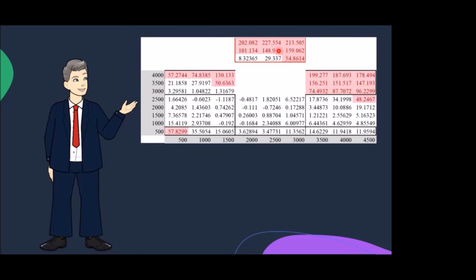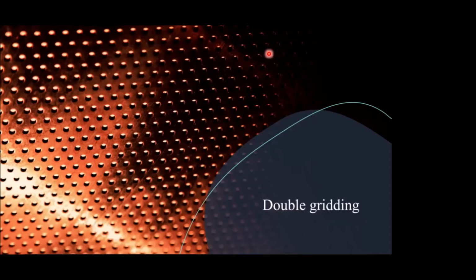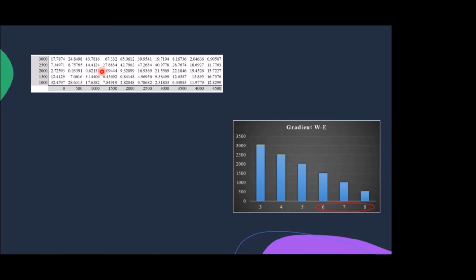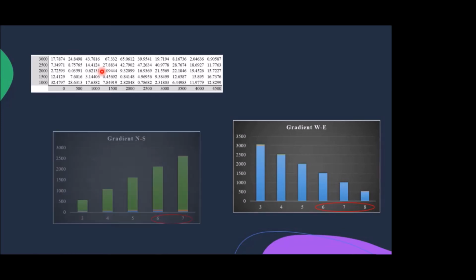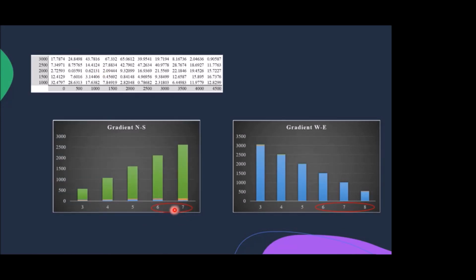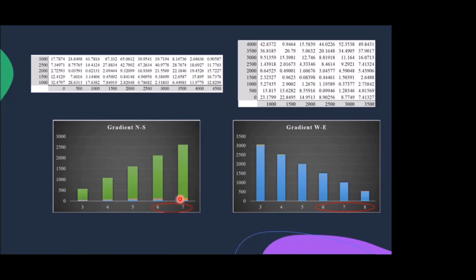Now, what will happen if we double the gridding? Instead of just using 1, we grid by 2. In this case, this is the matrix that we obtain for the south-north gradients, and these are the 2 profiles we select, and this is the matrix that we obtain for the east-west gridding, and this is the graphic that we obtain for them.